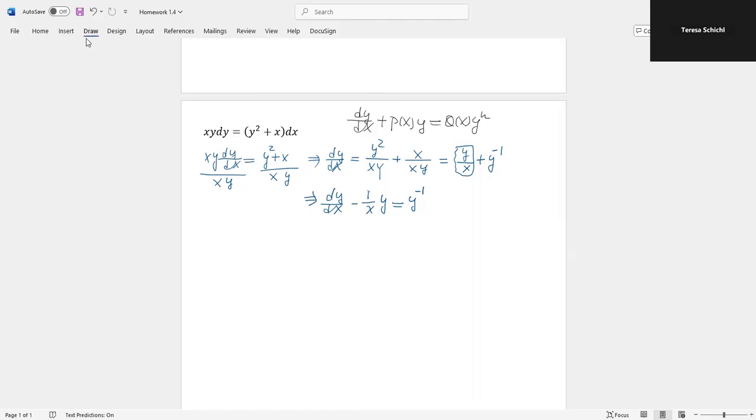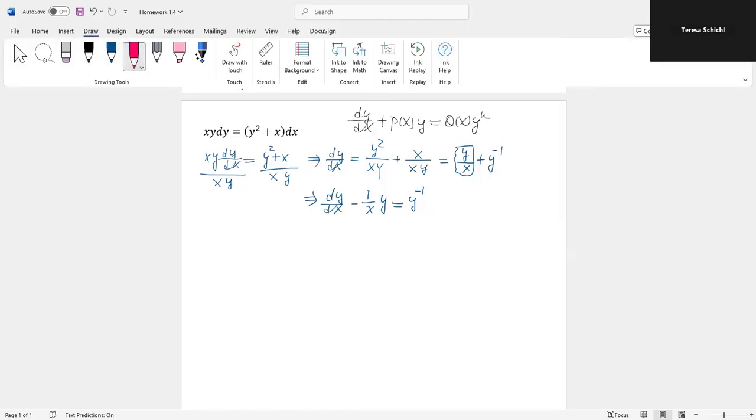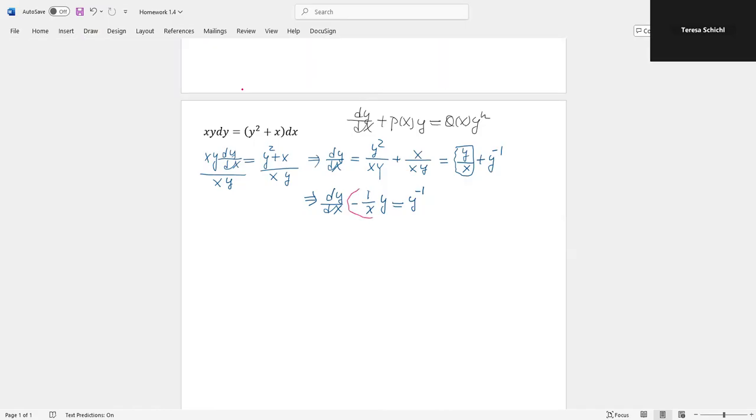Our equation satisfies this Bernoulli form. So this is my p(x) function, and q(x) is just equal to 1, and n is equal to negative 1.